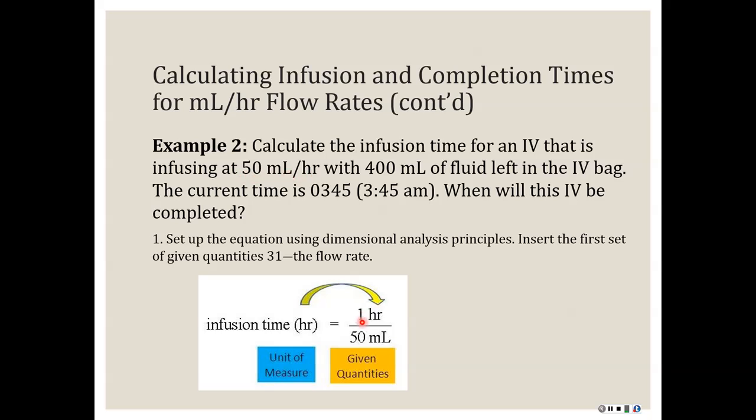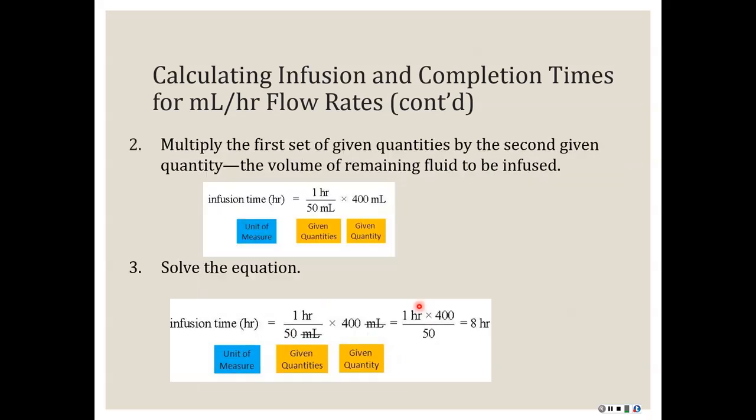So we'll have 1 hour over 50 milliliters. Since we have milliliters here in the denominator, we need to make sure to have milliliters in the numerator of our next step. That would be accomplished by entering your volume of fluid left, 400 milliliters of fluid left in the bag. So you would just take 400 divided by 50 and you receive an answer of 8 hours.